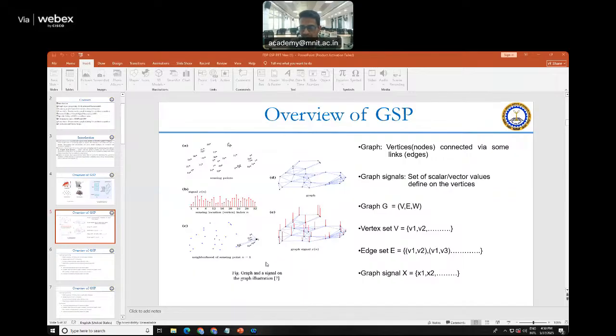Krishna, is the question clear? See x1, x2, this.